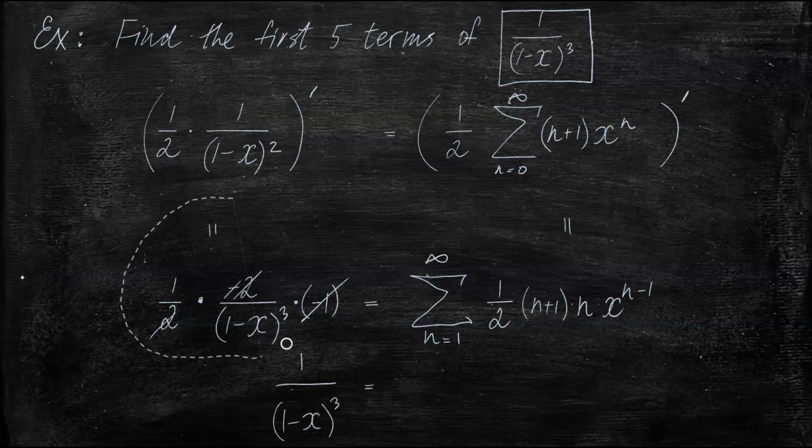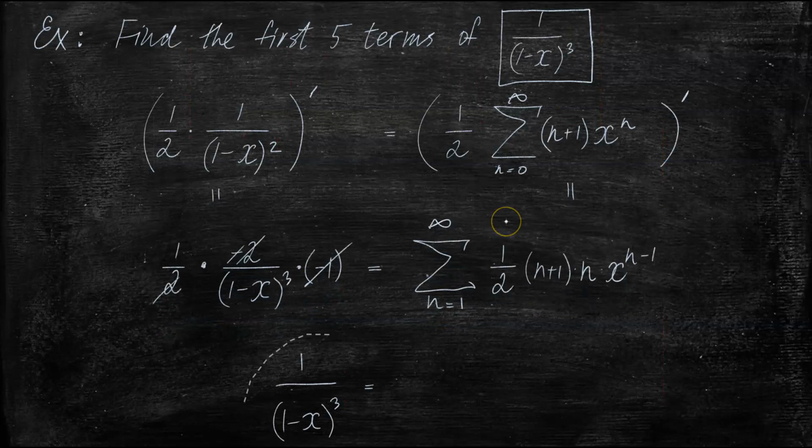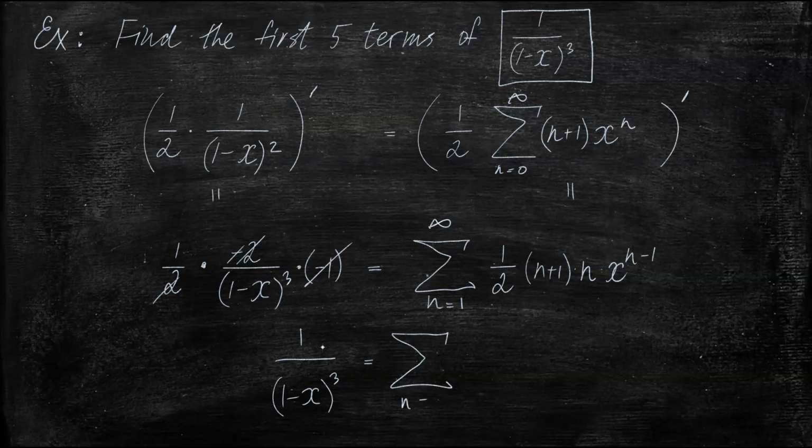Let me make a little bit more room here. We can now conclude that the function power series representation of which we were looking for is equal to, and we can change the index. We can reindex it to start from 0, and then it's going to be 1/2 n plus 2 n plus 1 x to the power n.